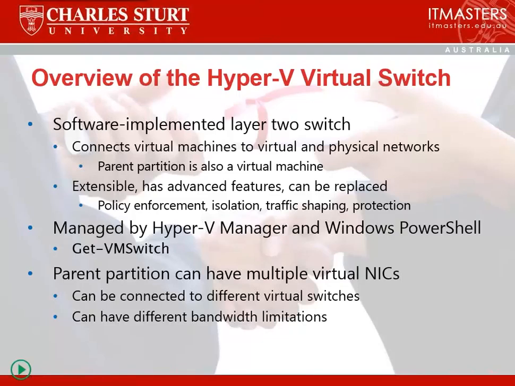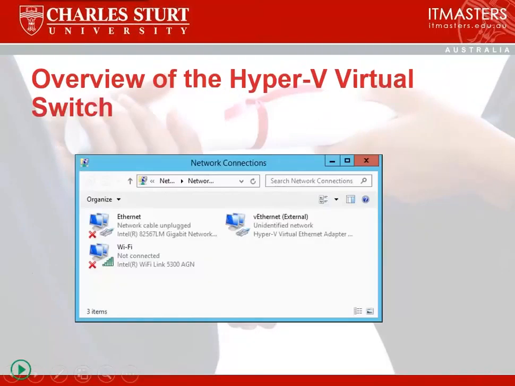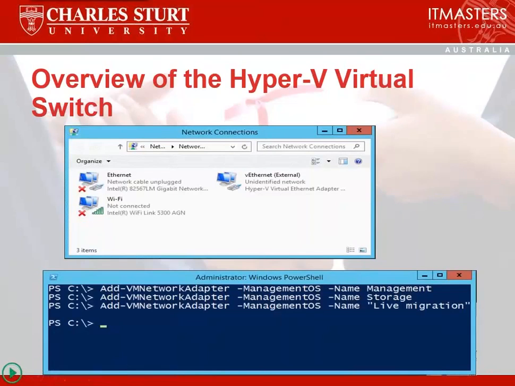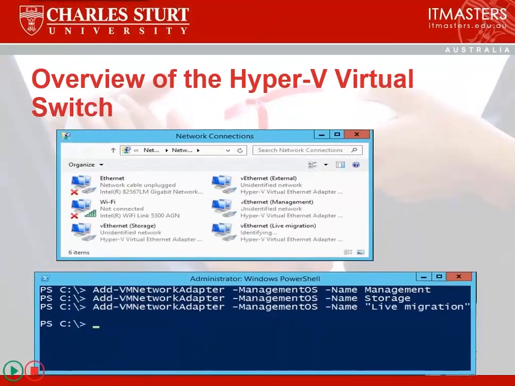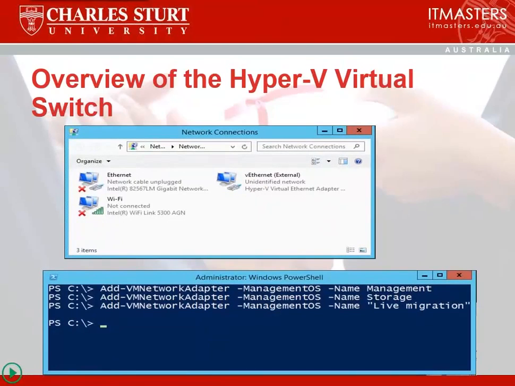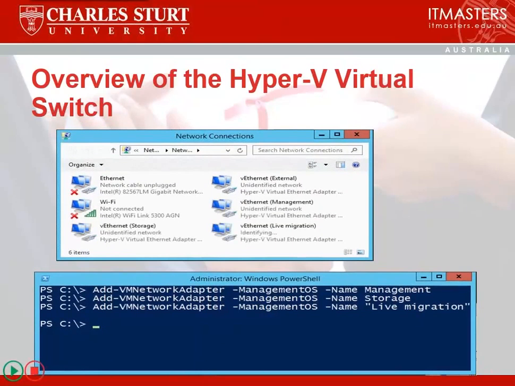The more NICs you have, the different options you can have, and the more switches you're going to see here in your environment. Here's an example. If you create a new NIC, as you can see, it will add new ones.